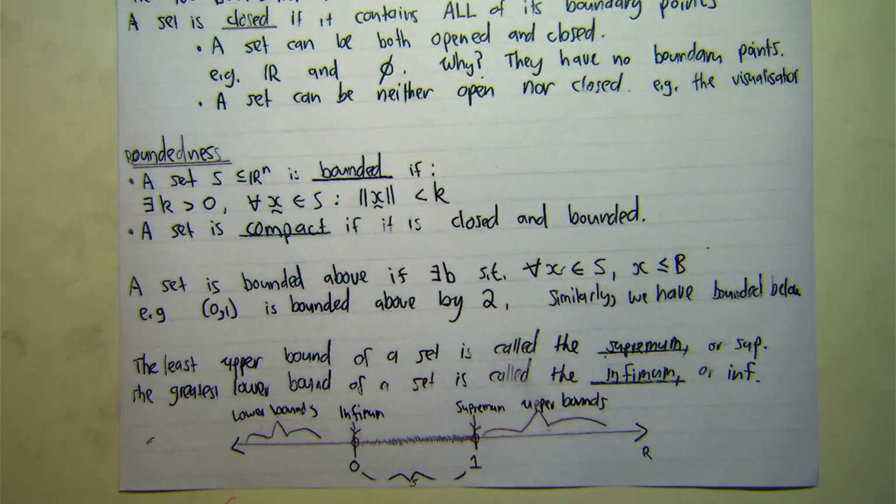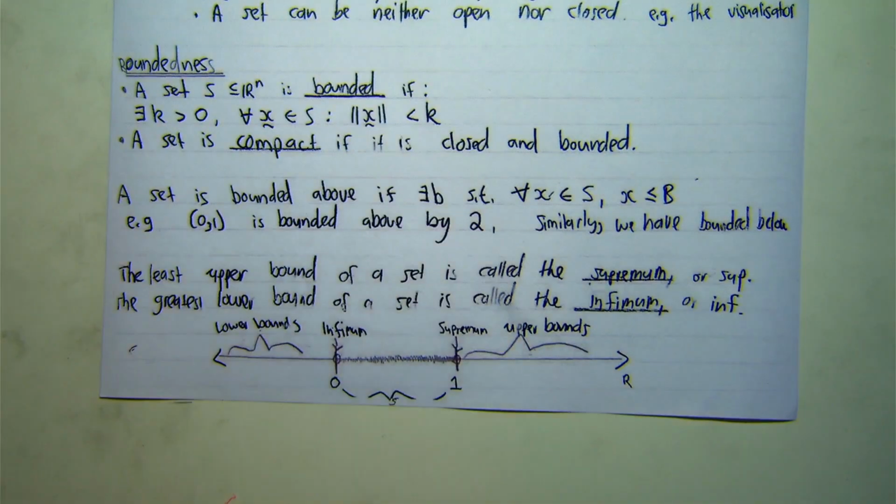Maybe something that you haven't seen before, if you're experienced with these topics, is the idea of upper bounds and lower bounds and supremums and infimums. So we can actually separate the idea of boundedness to being bounded above by something or being bounded below by something, as opposed to just being bounded overall.